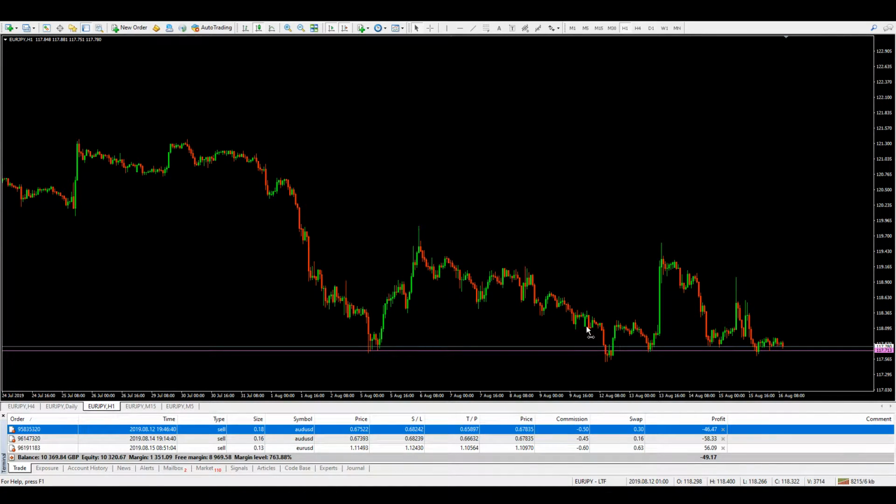You can either identify what you assume is the range. So I'm seeing here there's some kind of zonal resistance the price could have trouble getting much higher than.